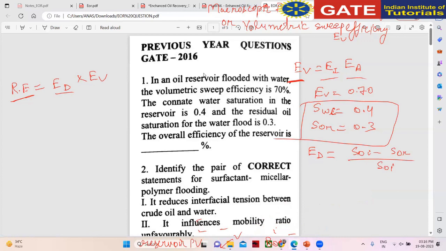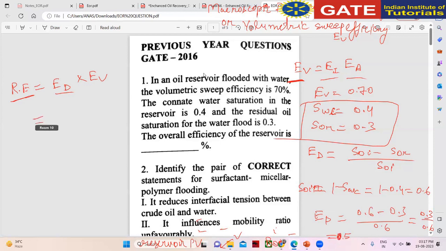Here SWC, the initial or connate water saturation, is given. First you calculate SOI. SOI is equal to 1 minus SWC. So 0.4 is given, 1 minus 0.4, so 0.6 will be SOI, and ED will be 0.6 minus 0.3 divided by 0.6, which is 0.5.